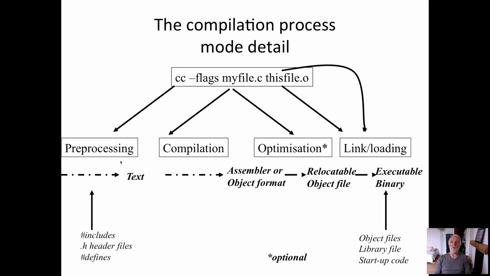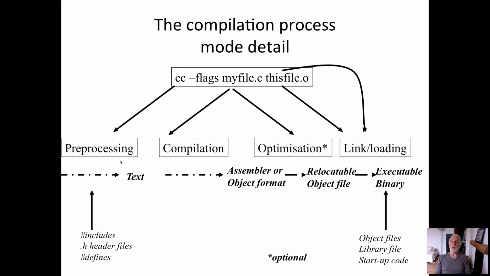Pre-processing, which is essentially text editing. It's a lot of very complex text editing. But what it does mean is what the compiler sees is very, very different from what you typed in. And it's worth remembering that. Now the output is actually humanly readable, but rarely human understandable.